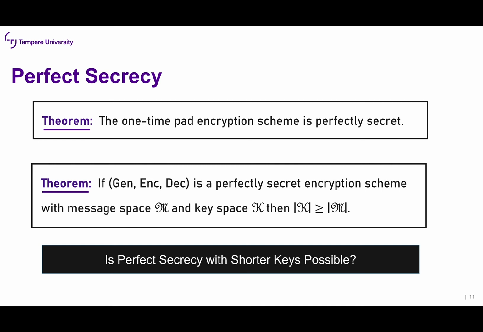Now, one question that you might be thinking is, is perfect secrecy with shorter keys possible? Basically, the above theorem shows an inherent limitation of schemes that achieve perfect secrecy. And even so, individuals occasionally claim they have developed, let's say, a radically new encryption scheme that is kind of unbreakable and achieves the security of the one-time pad without using keys as long as what is being encrypted.